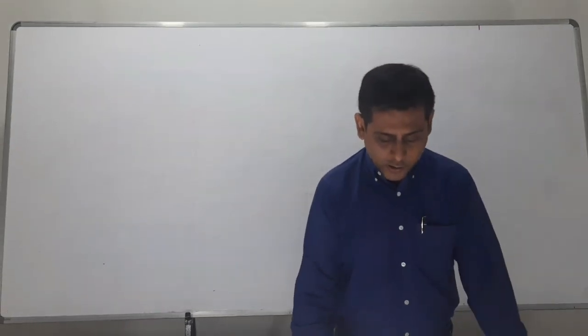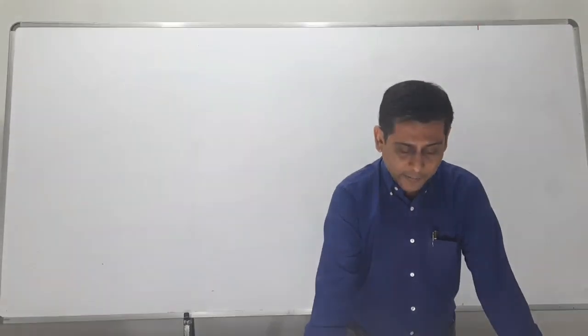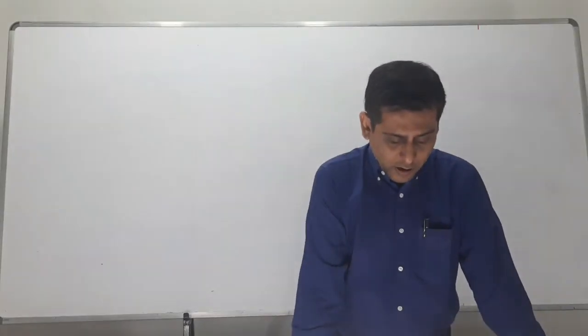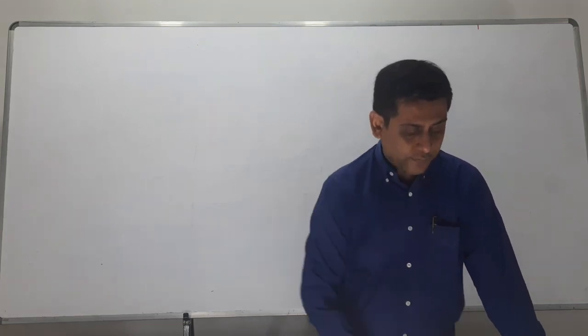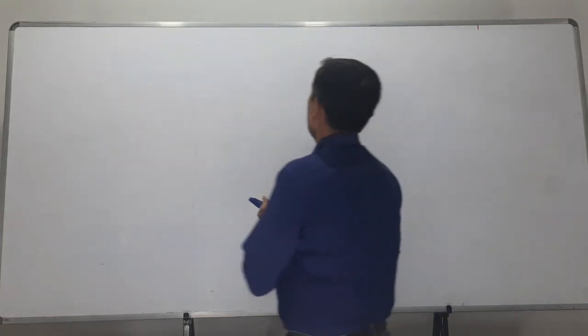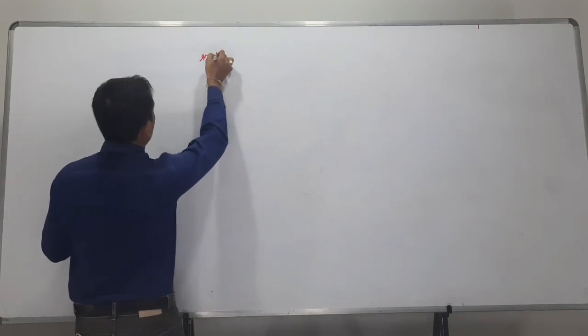Now, moving forward to our next topic, on page number 19, the index number by the method of weighted average. First of all, the next one is the method of weighted average. I am writing the method.